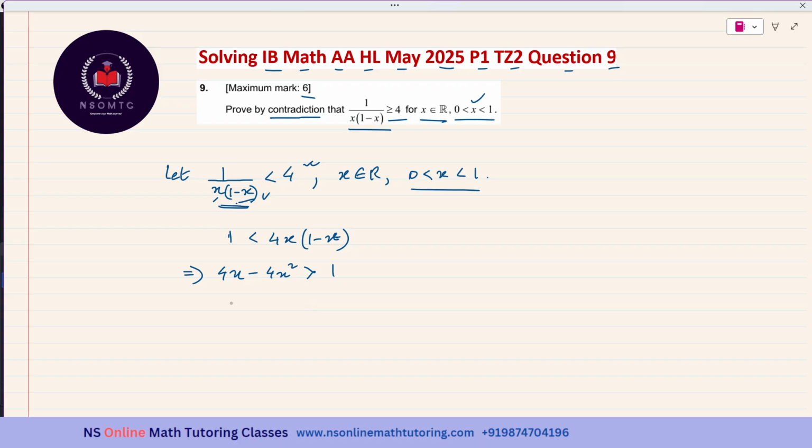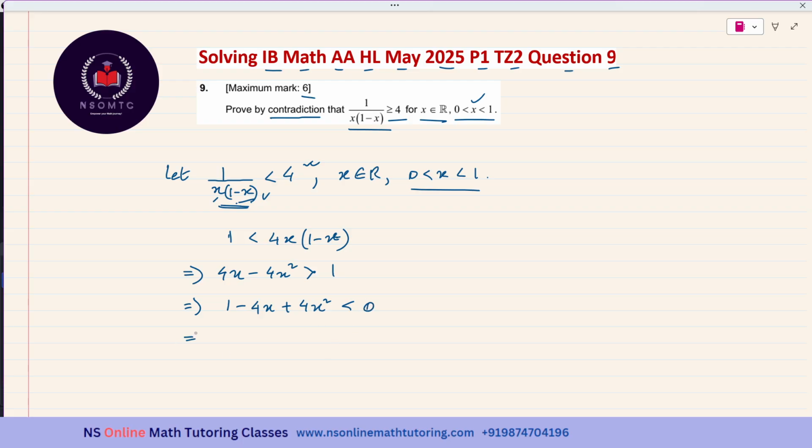Now if we subtract 4x minus 4x squared from both sides, we get 1 minus 4x plus 4x squared is less than 0.